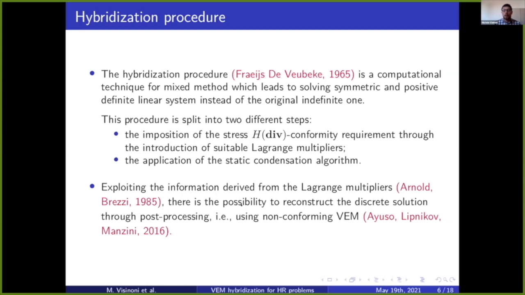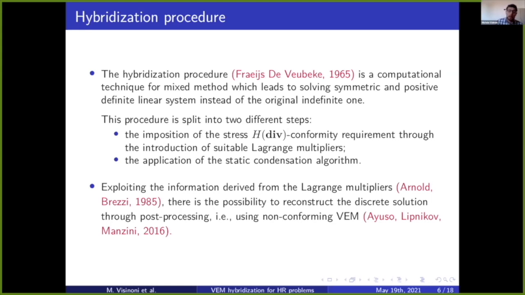Here, in this work, we use the idea of a non-conforming VEM, following this article by Lipnikov and Manzini, for vectorial functions. So this is the main idea, or the main features, of the hybridization.